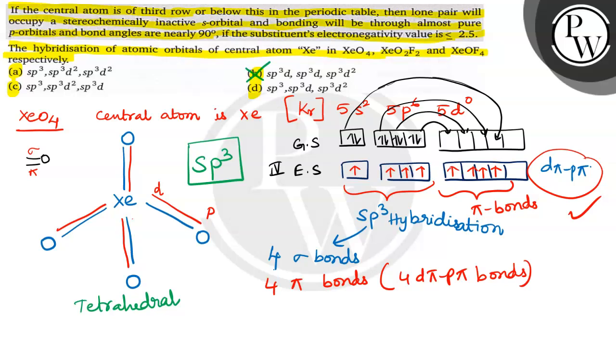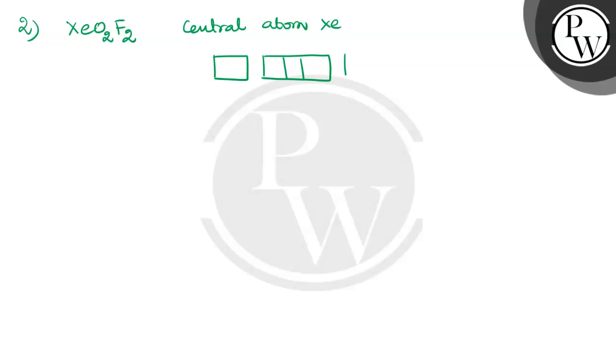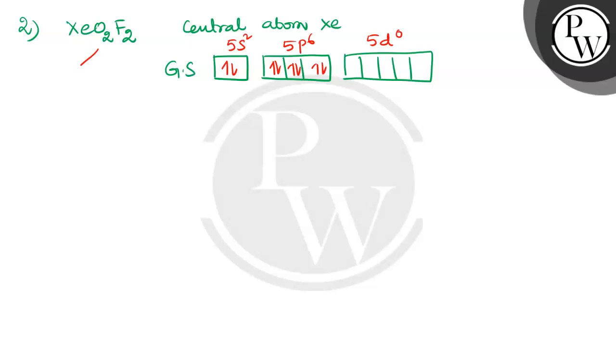OK, now going to see XeO2F2. Central atom is xenon. Same configuration, outermost 5s2, 5p6, 5d0. This is the ground state electronic configuration. Now, each oxygen forms two bonds.